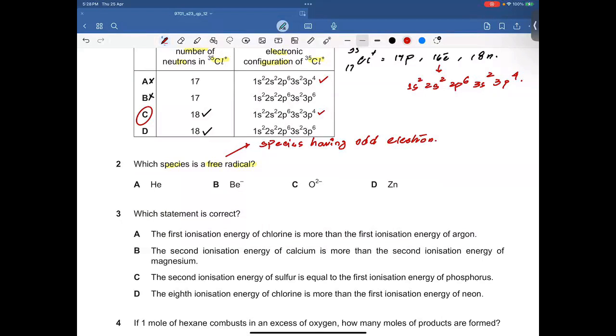Helium has an atomic number of 2, which means it has 2 electrons, which means the configuration is going to be 1s2, which means it has paired electrons in the s orbital. So we need an unpaired electron, which means this option is incorrect.